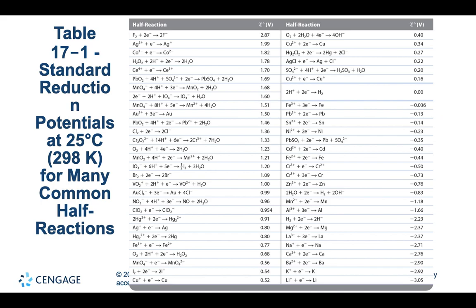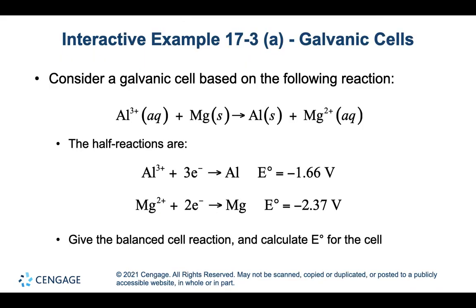Now, because negative 2.37 for the magnesium reaction is below the aluminum reaction, negative 1.66, I'm going to let the aluminum reaction run the way it's written, but I'm going to flip the magnesium reaction, the negative 2.37. It's lower on the chart, so it has to convert from being the reduction reaction to being the oxidation reaction. So now, doing the math, I would have to double the aluminum reaction and triple the magnesium reaction to get 6 electrons on each side.